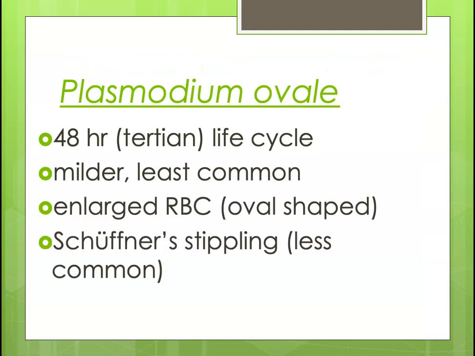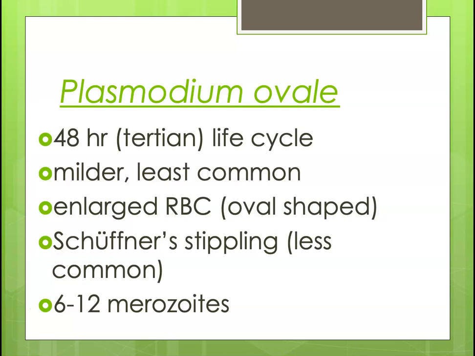Ovale, like vivax, has a tertian life cycle. You can also see Schüffner stippling like you can with vivax. Of the four, this is the least common to see, and we see enlarged RBCs, and they tend to be oval shaped, which helps with its name.